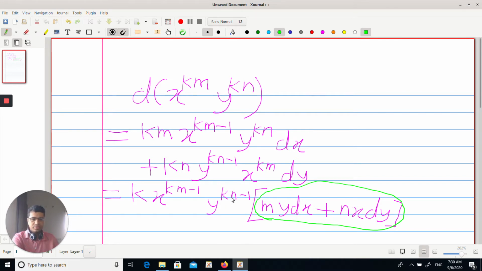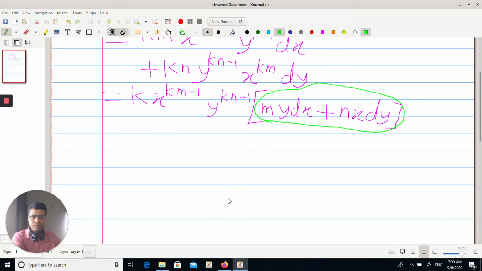Another thing is we may have an equation of the form x raised to alpha y raised to beta into my dx plus nx dy.